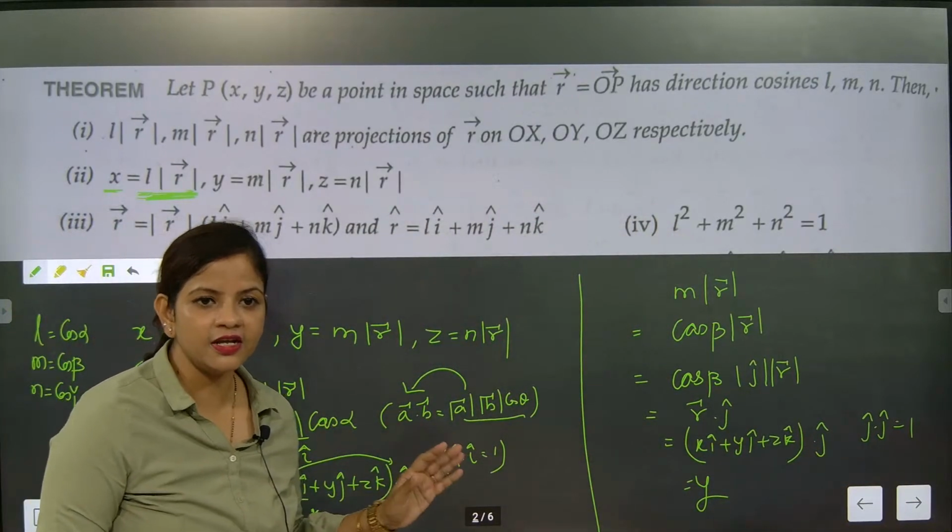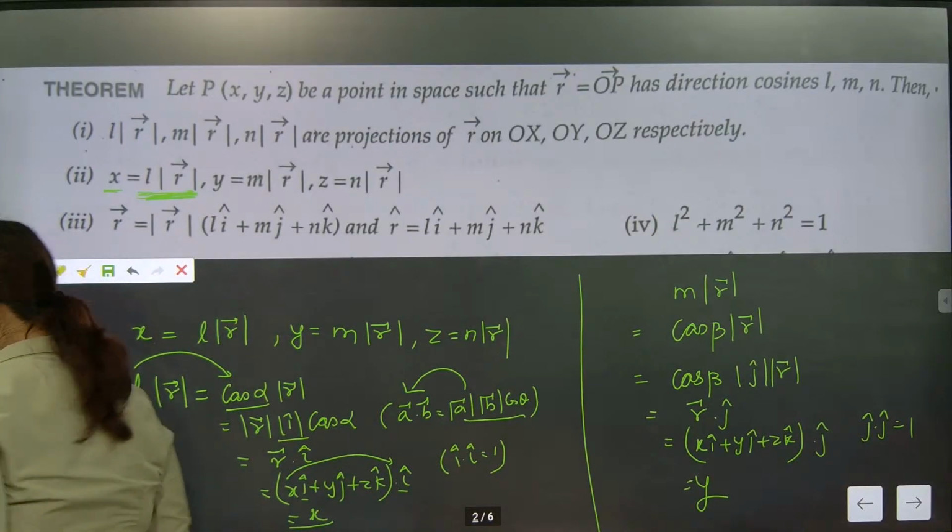Similarly, will you be able to go for Z? Do it for Z, beta.